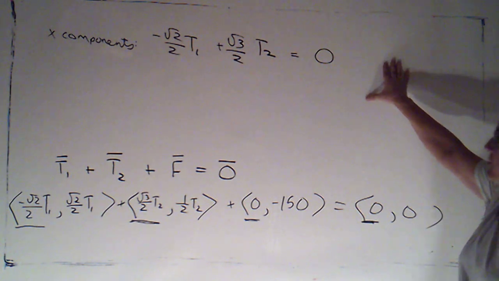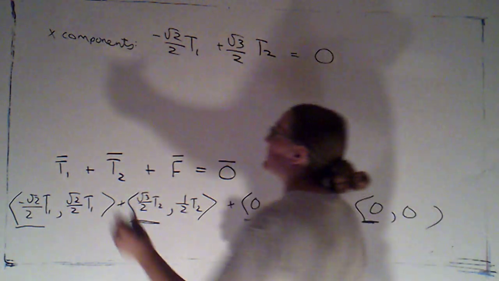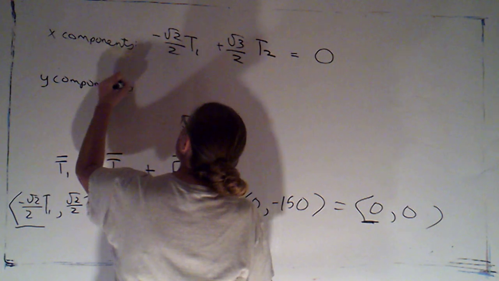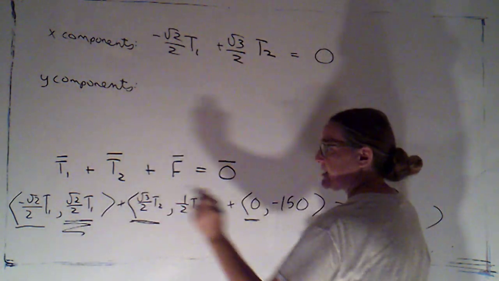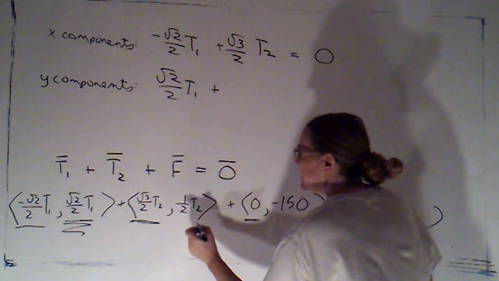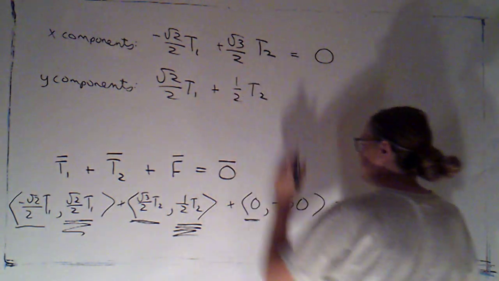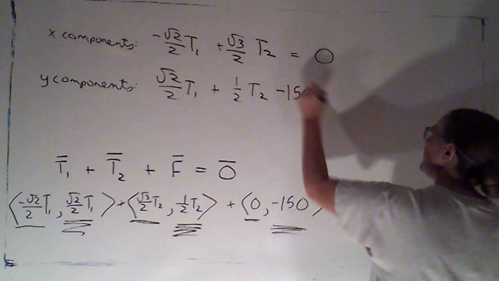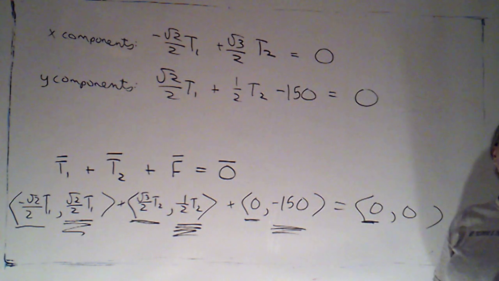So that's one equation in my 2 unknowns, which were the magnitudes of these 2 vectors. If I look at the y components, those have to be equal. So the y component here was root 2 over 2 t1, plus the y component here was 1/2 t2, plus the y component here was negative 150, and that's also got to equal 0.